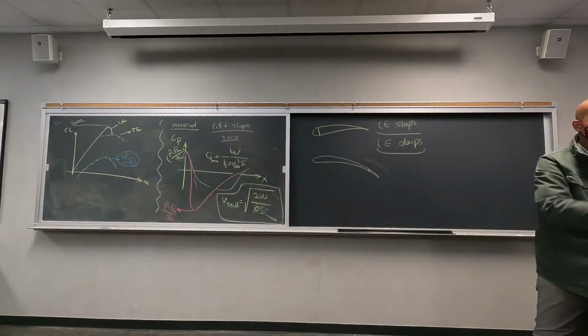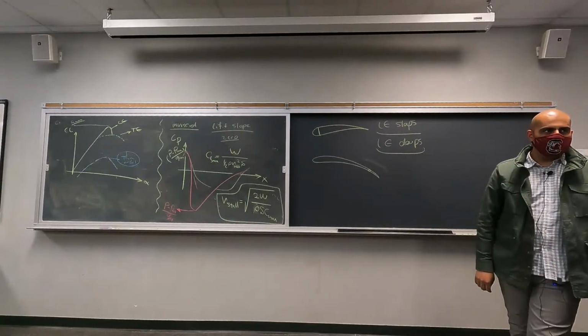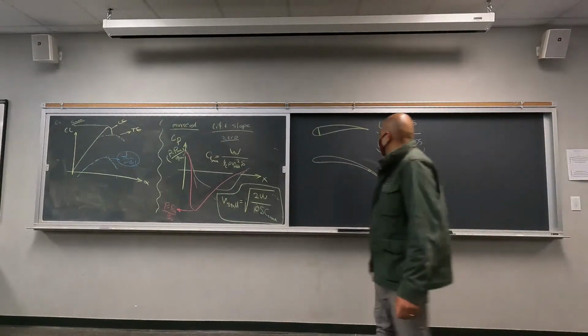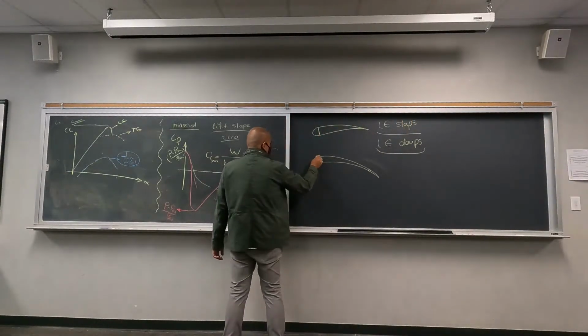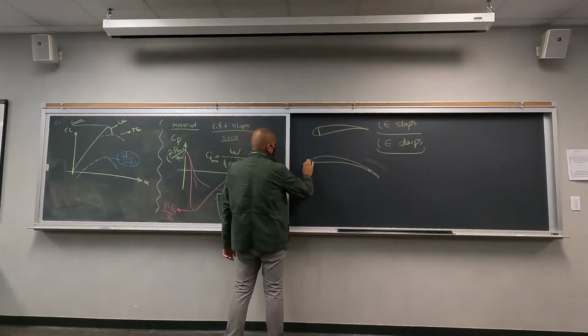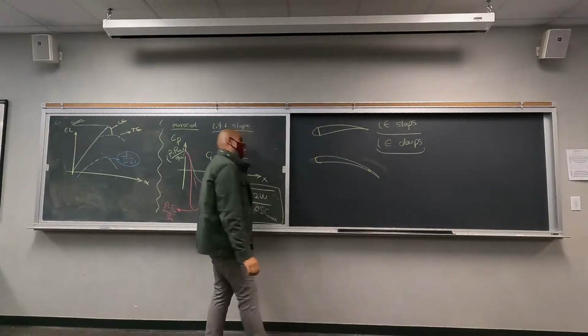What was the name again? Wyatt. Okay. So creating a sharp edge like this. Oh, flattening it like this, right?